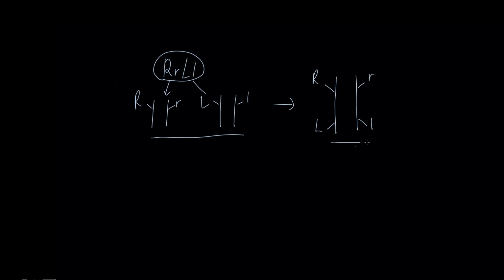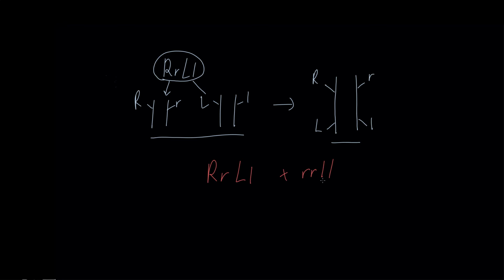So let's do a cross of two organisms that have got genotypes in which the genes are linked, they're on the same chromosome. So let's cross big R, big L, little r, little l with little r, little l, little l.